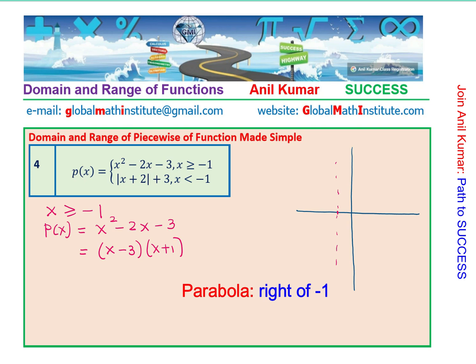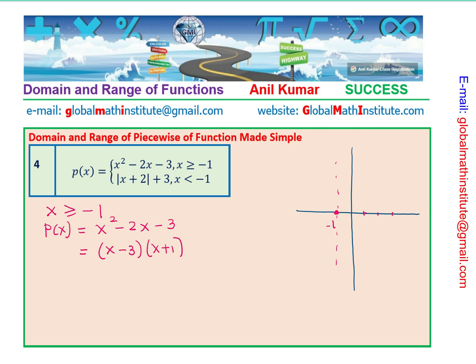So that means it's a parabola which has the x-intercepts at minus 1 and at 3. So we have x-intercepts at x equals 3 and minus 1, I'll write down.